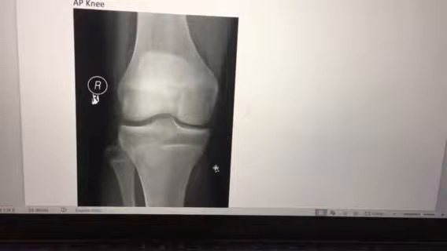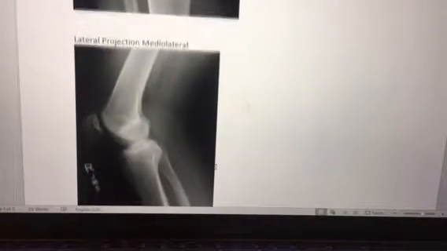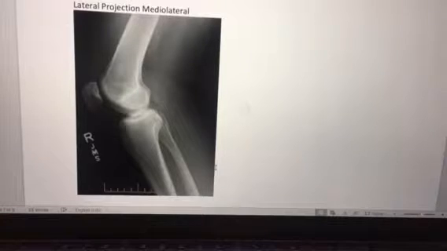The patella is completely superimposed on the femur, and you want open femorotibial joint spaces.